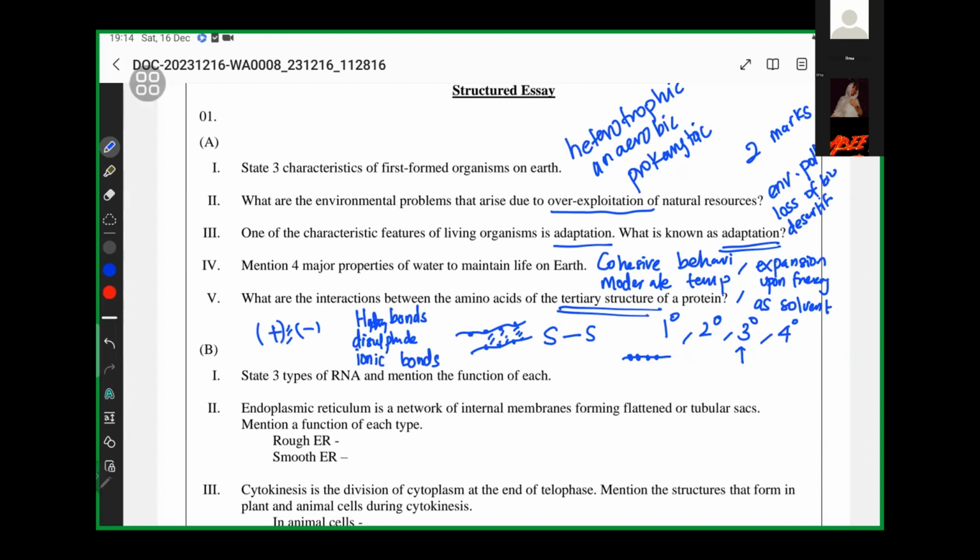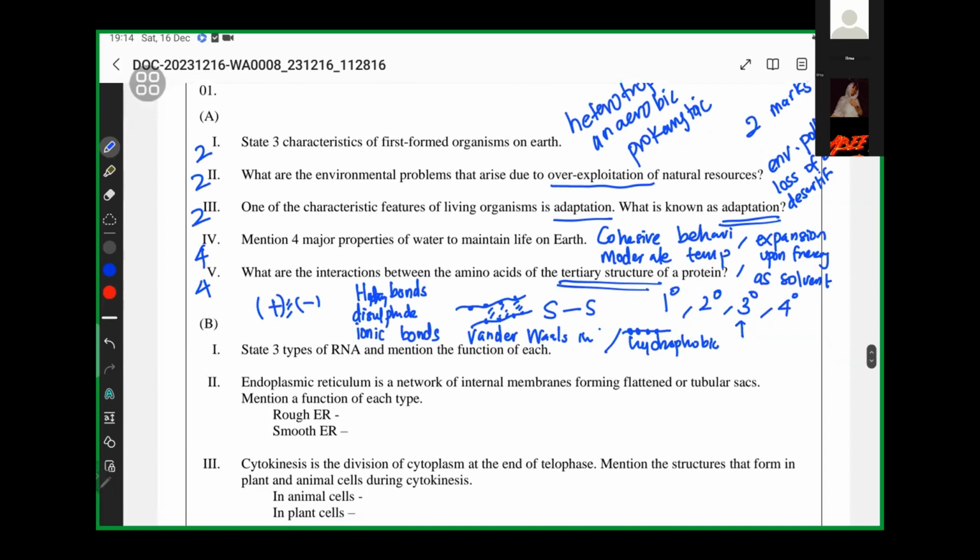And the last one is the van der Waals interaction. So you can call it hydrophobic interactions. If you get all those things correct, you can have 2 marks for these, 2 for these, and 4 for these.